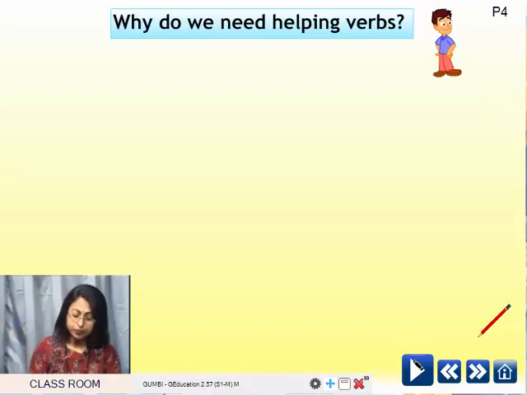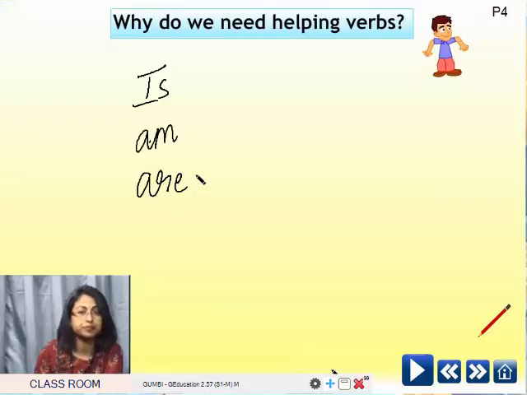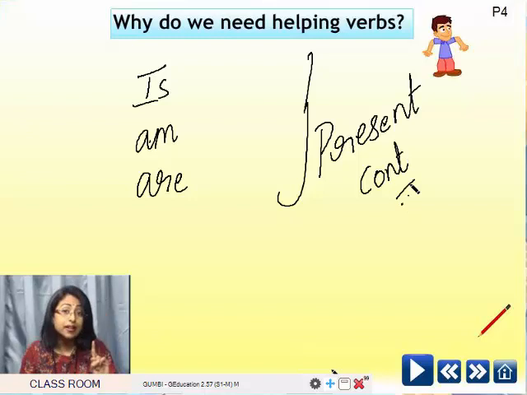Alright, so today in today's class, the helping verbs are is, am, are. So is, am and are are your present continuous helping verbs.